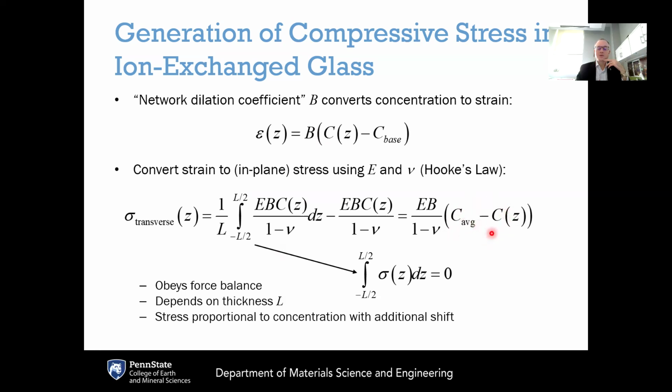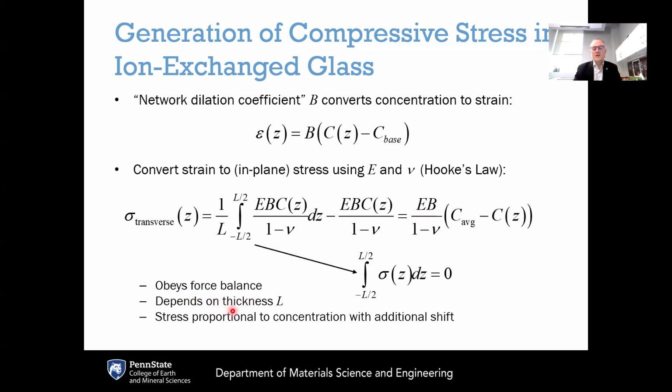And because of the subtraction here, this is what causes the integral to go to 0. And you can see the various parts of this equation are the concentration profile relative to the average. That gets multiplied by the network dilation coefficient to convert to a strain, and that gets multiplied by E over 1 minus the Poisson's ratio to convert the strain to a stress. So some things to note are that this obeys the force balance condition.